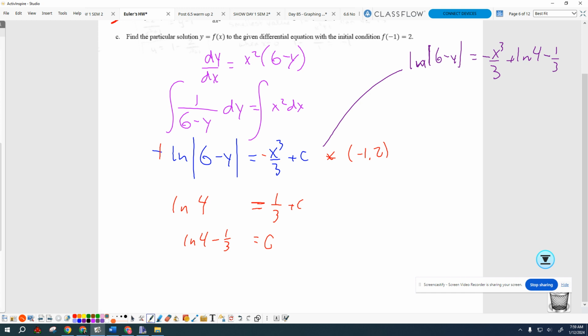Clara had said we wanted it in the form of y equals, and y is all trapped inside there. What do I do? You can put both sides to e. Exponentiate. What comes out is absolute value of, okay, e to the natural log of 4 is 4.